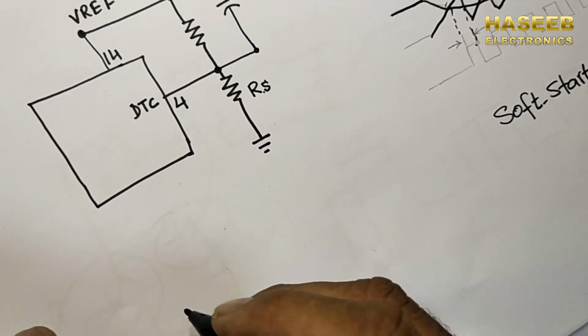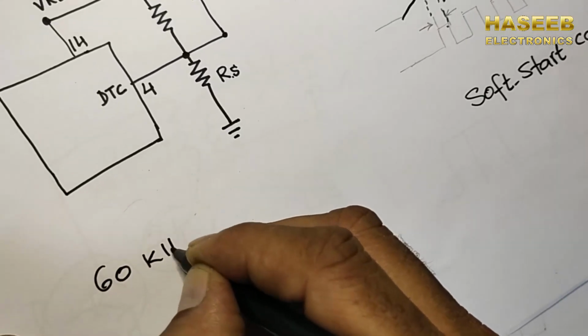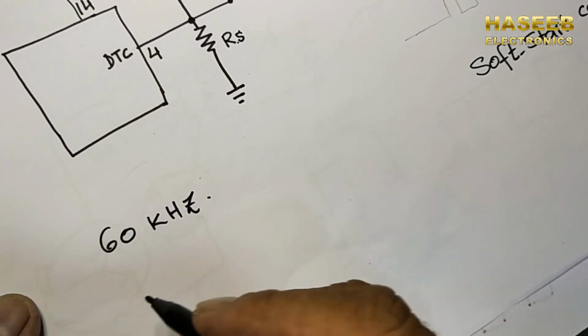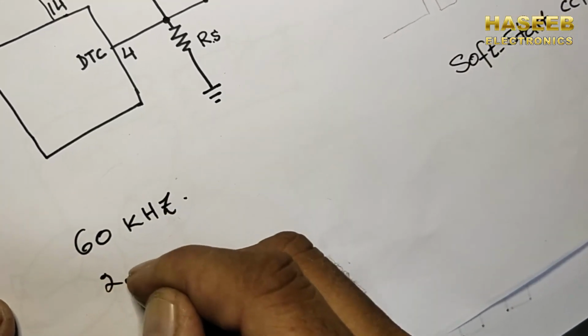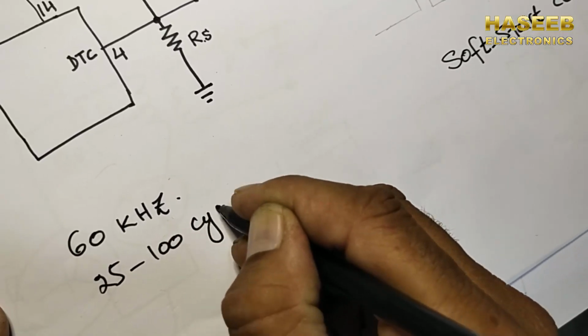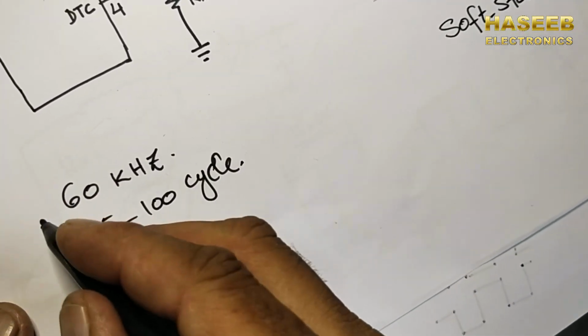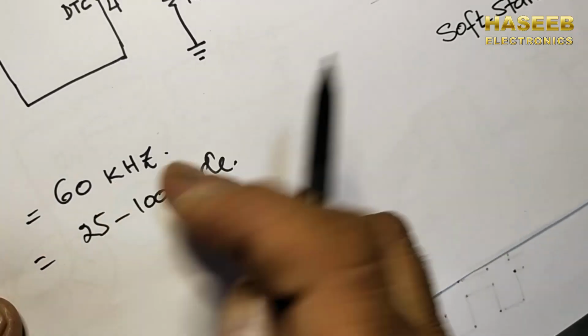For example, this IC is switching at 60 kilohertz and we need 25 to 100 cycles. First of all, we know 60 kilohertz.